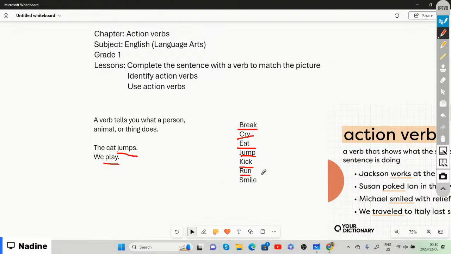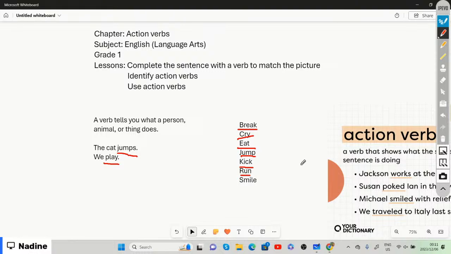Run. I run fast, I run after the ball. Run is the action verb that tells us what either a person or an animal does. They are running, they run.